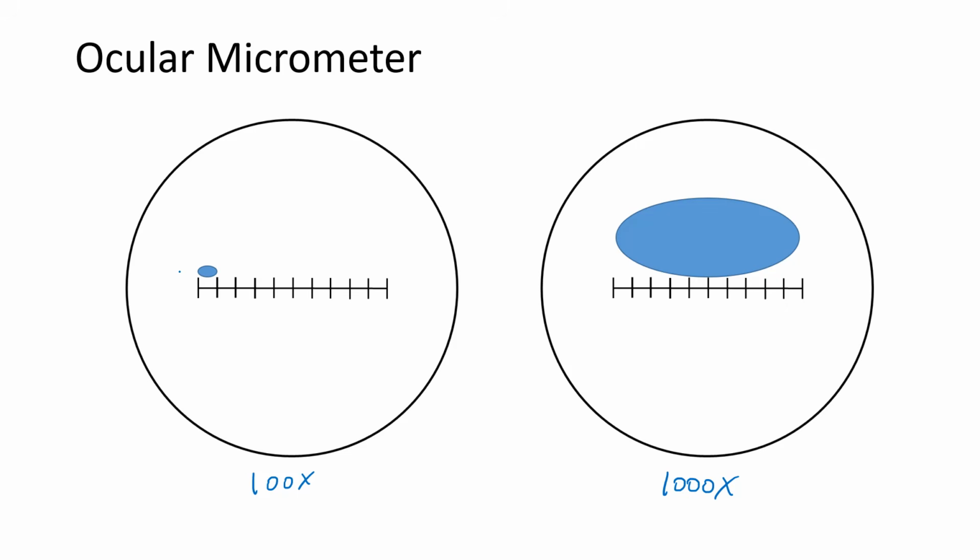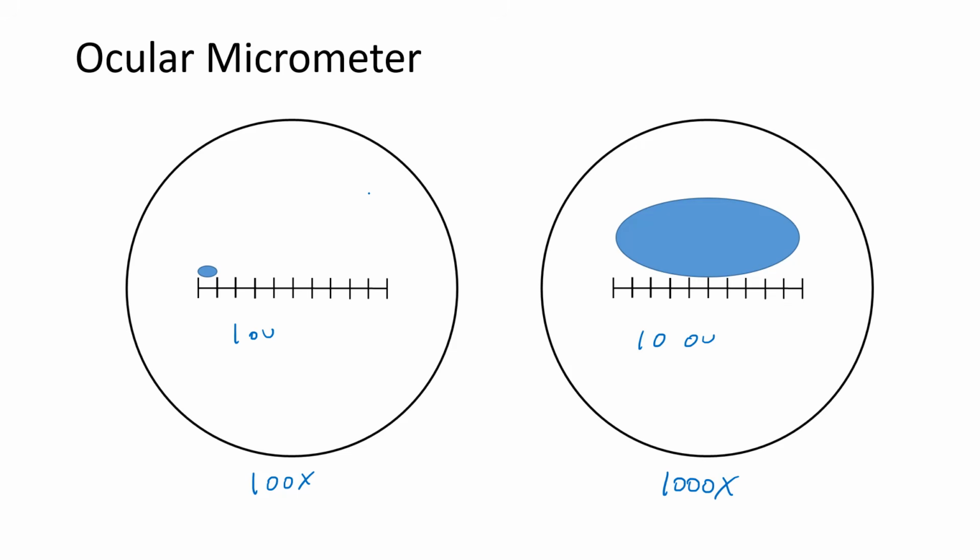So if it's 1 ocular unit at 100x, it measures 10 ocular units at 1000x. But the specimen hasn't changed in size, it just appears bigger because of the increase in magnification.